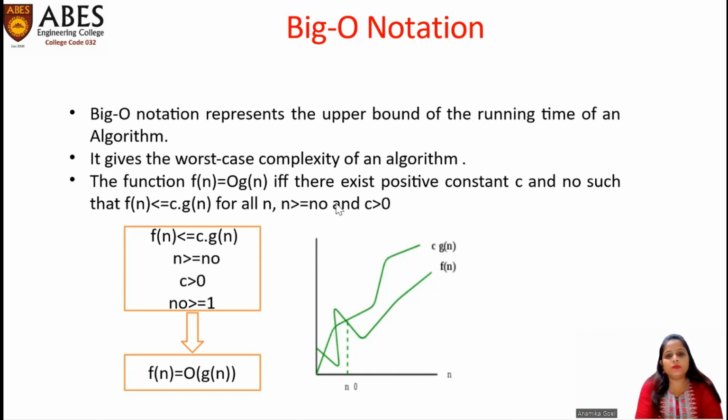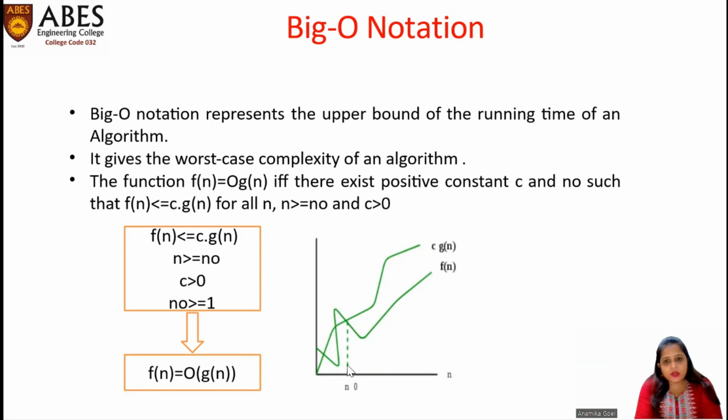So according to Big O notation, f of n is equal to order of g of n if there exist positive constants c and n naught such that f of n is less than or equal to c dot g of n for all n where n is greater than or equal to n naught and c is greater than 0. Let us see the graph.